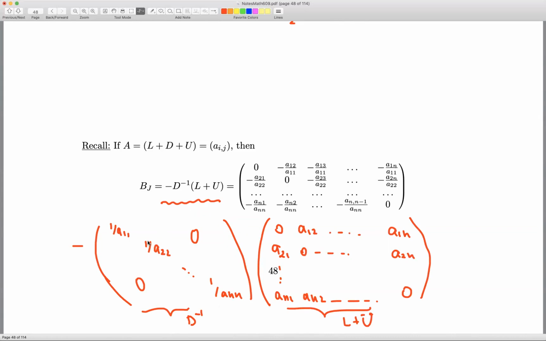Now, if you do this multiplication, you will see that to get the first row of the matrix Bj, you have to multiply the first row here by all the columns of the matrix L plus U. When you do that, everywhere the zeros here will meet the second, third, and so on components of all the columns, they will make them 0.